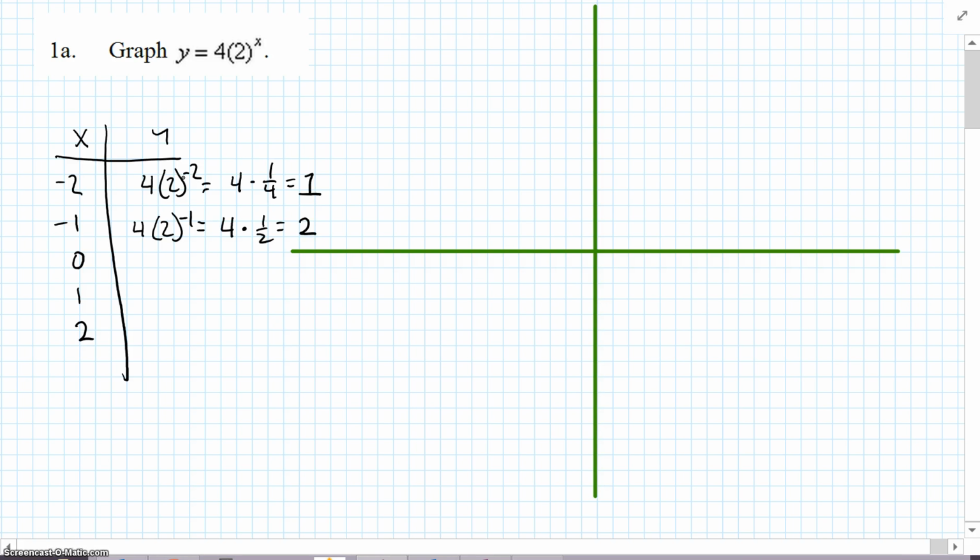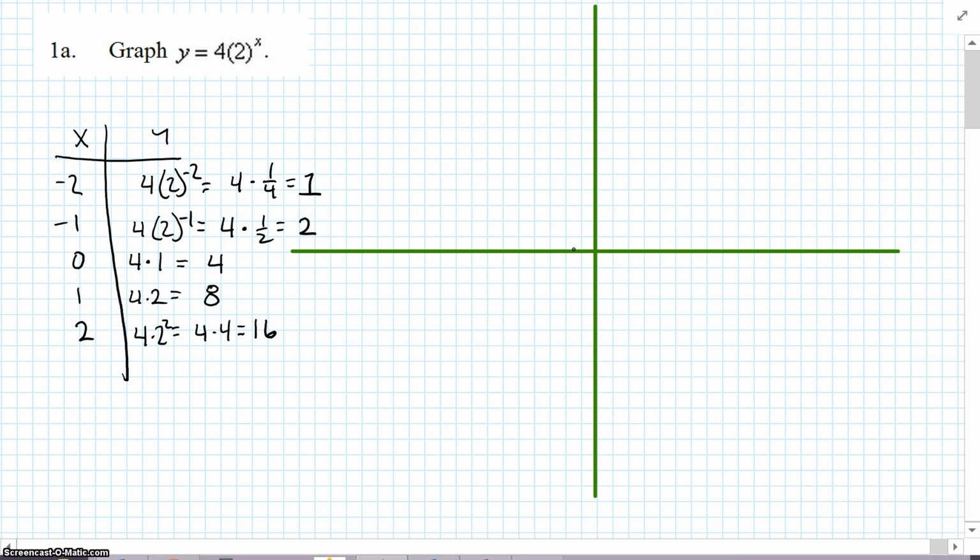When x is 0, anything to the 0 power is 1, so it'd just be 4 times 1, which is 4. When x equals 1, it's 4 times 2, which is 8. And when x equals 2, it's 4 times 2 squared, which is 4 times 4, which is 16.